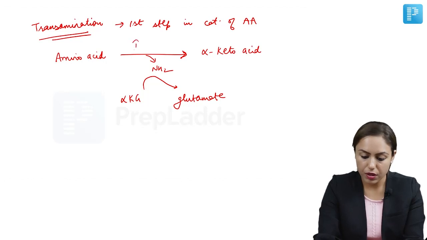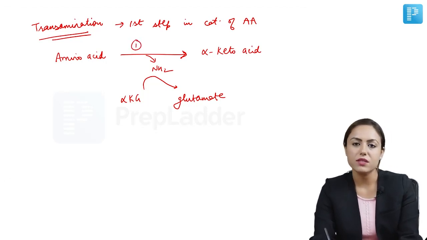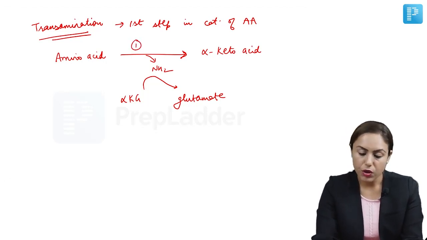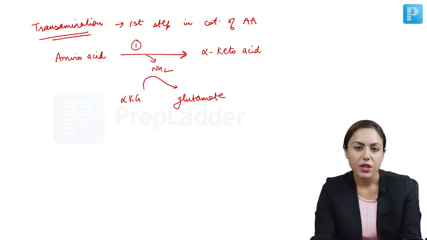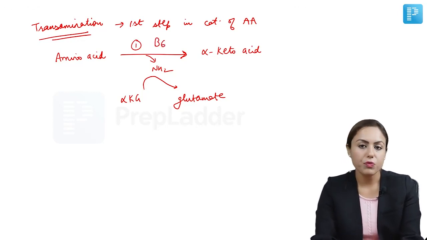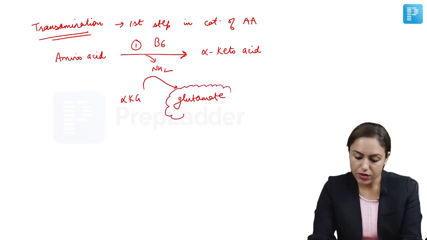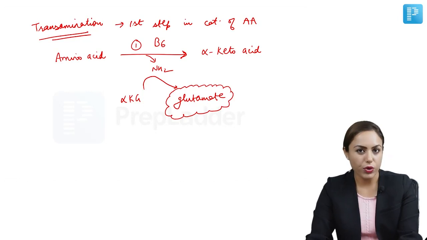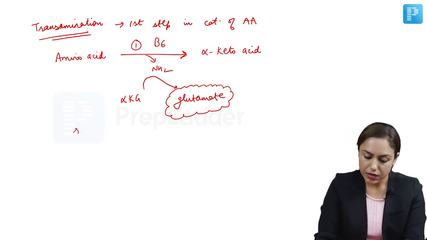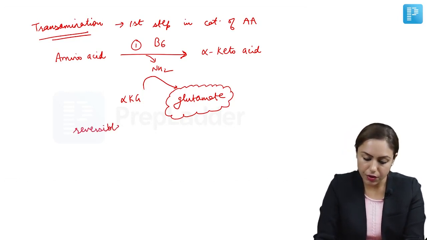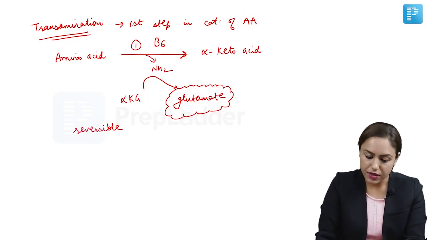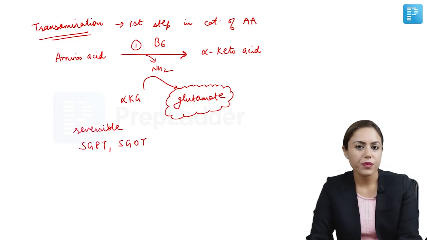This is the first step in the catabolism of amino acids, and this is transamination because transfer of amino group is occurring. This step requires vitamin B6. The common amino acid in all the transamination reactions is glutamate. These reactions are reversible. Examples of transaminase enzymes are SGPT and SGOT, right?